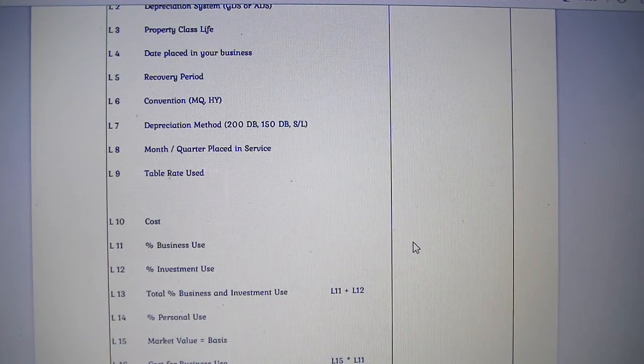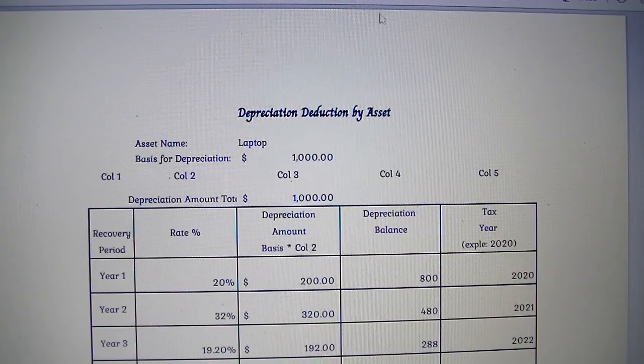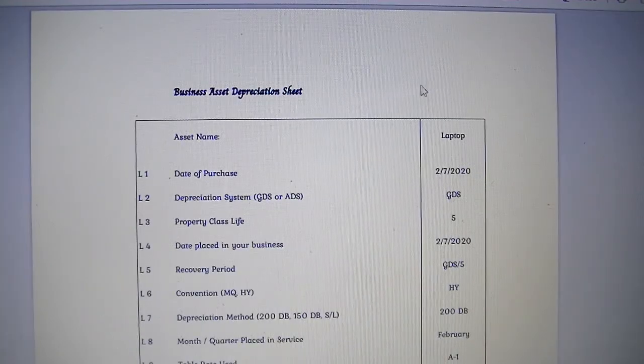It comes with an example, and we can use the example to illustrate how to calculate the depreciation deduction.